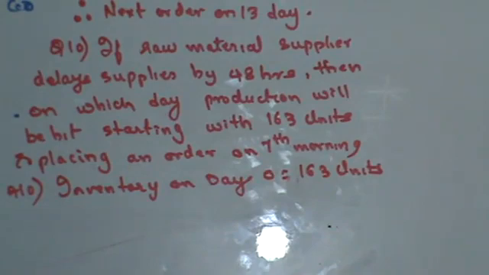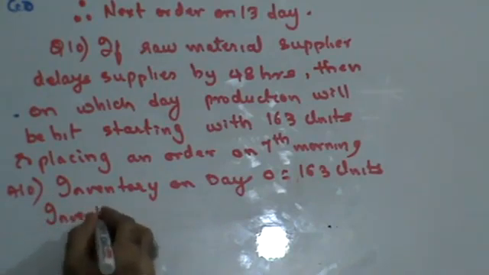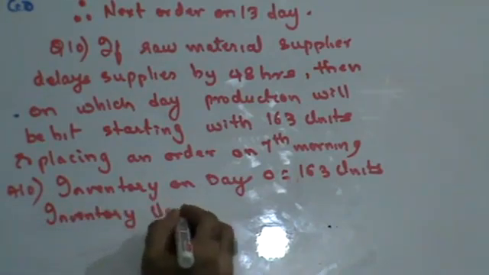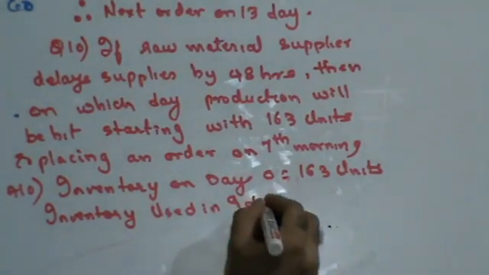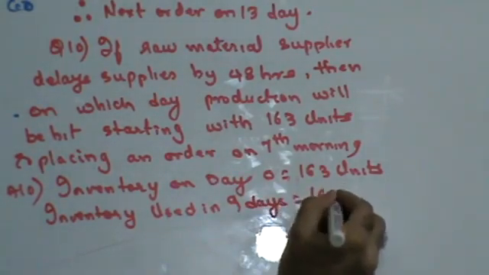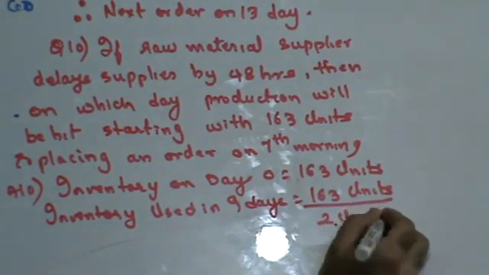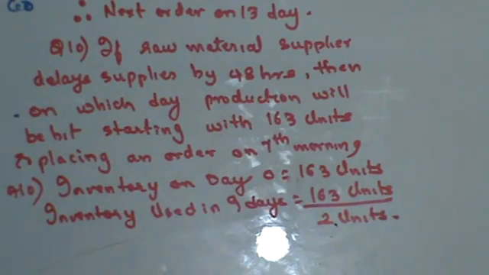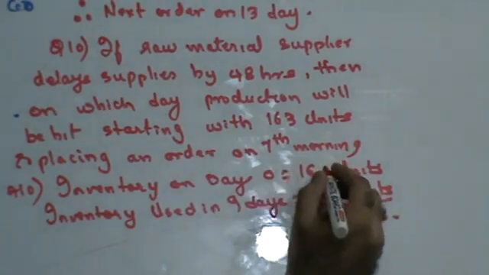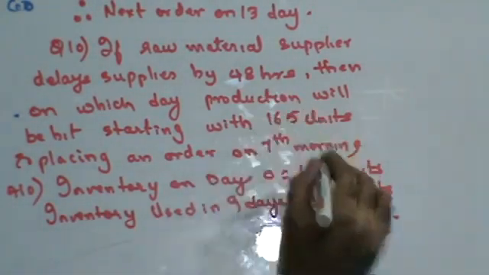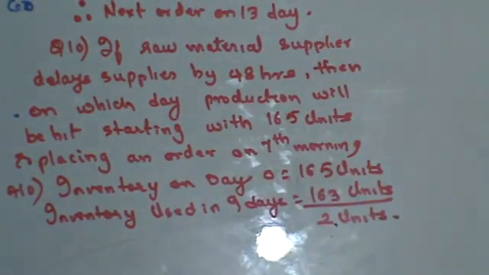Right? Now we have already found out that in 9 days I would have finished using 163 units. Inventory used in 9 days is 163 units. That means ideally I need production of 165 units, and I would have 2 units remaining.